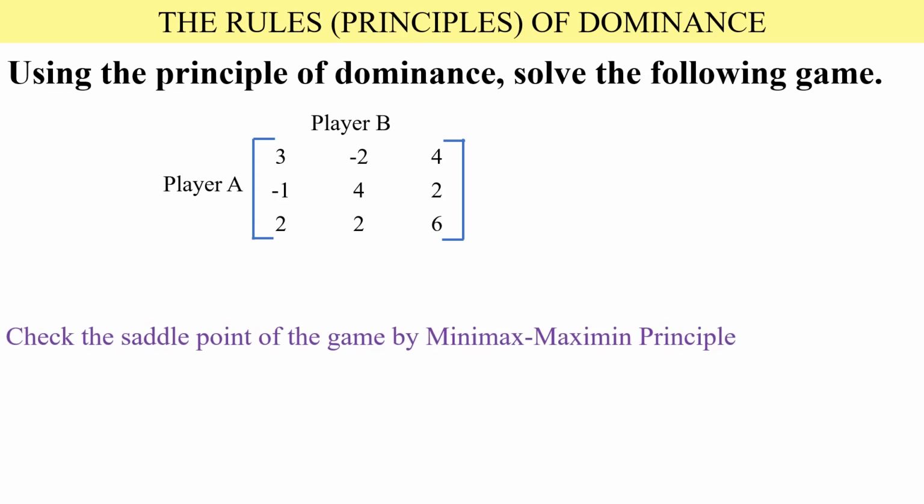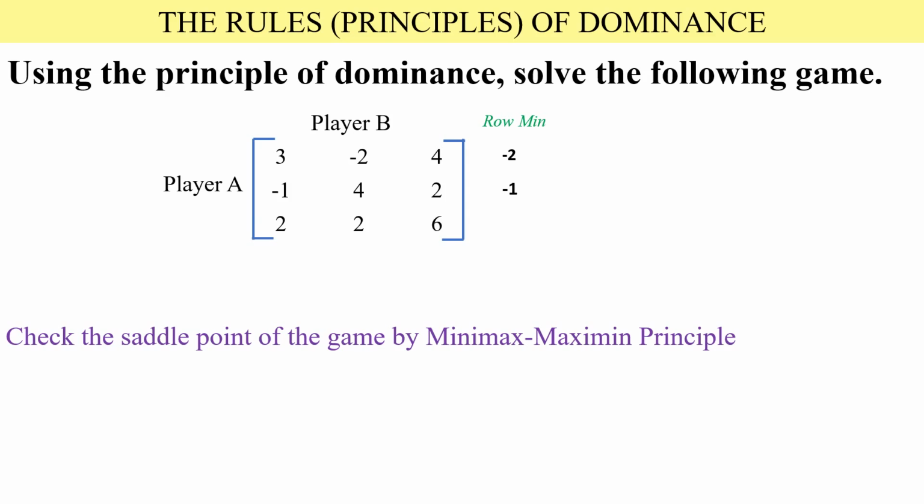Let's see the solution. First, we check the saddle point of the game by the mini-max and maxi-min principle. First, we determine the minimum value for all the rows. For the first row, the minimum value is -2. For the second row, the minimum value is -1.